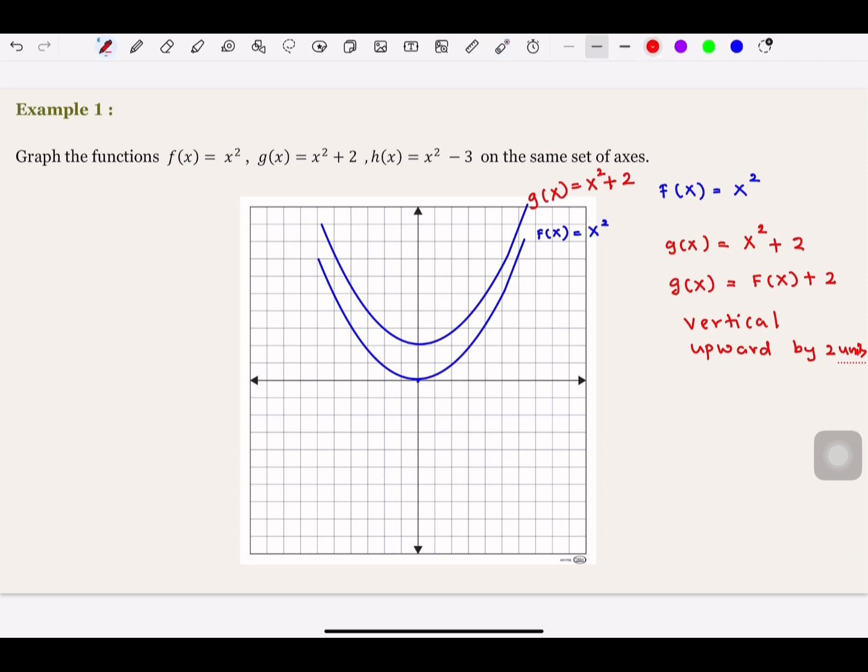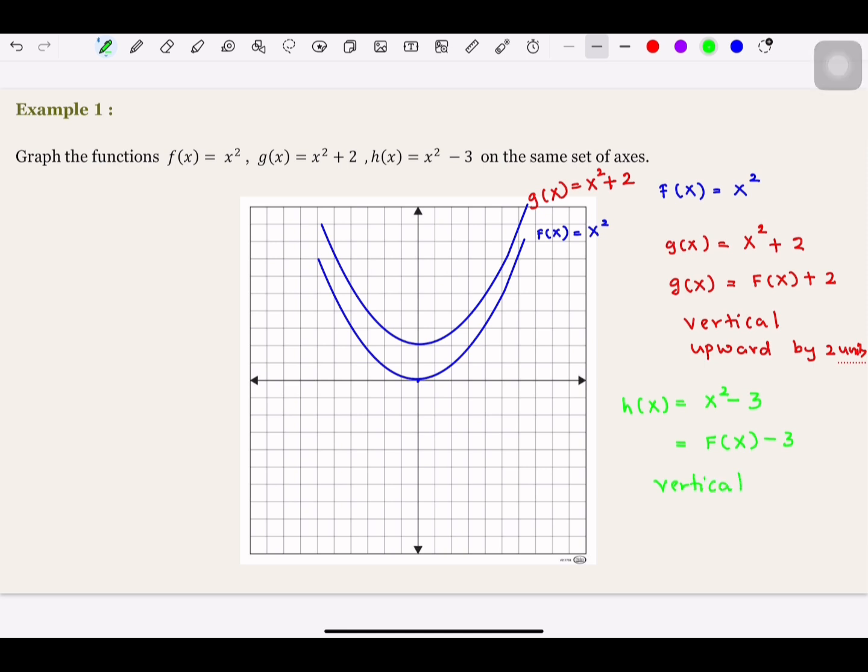Next, let's move into the third function that we have, which is h of x. For that, I'm going to use the green color. So h of x is equal to x squared minus 3. Again, you can write h of x as f of x minus 3. So here again, you have to identify this as a vertical shift.